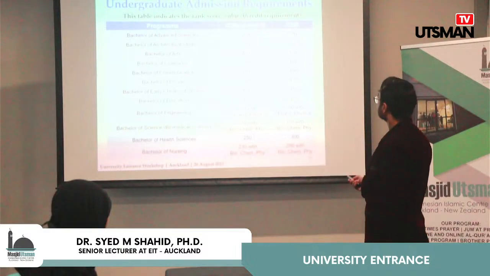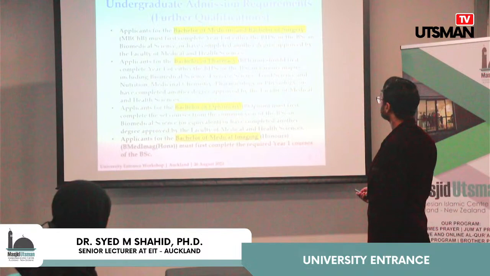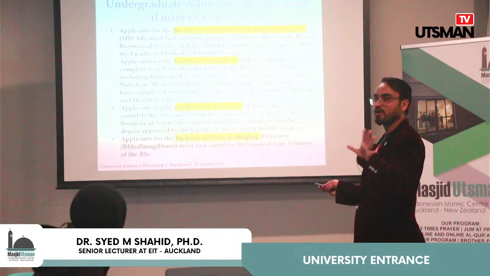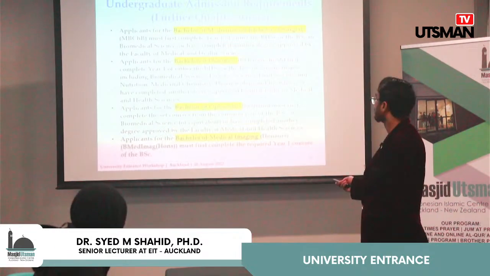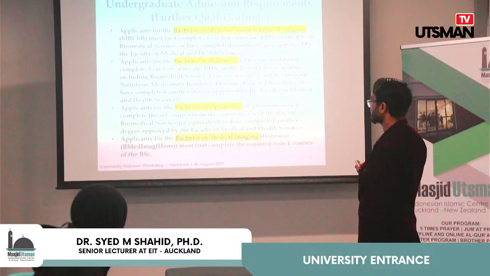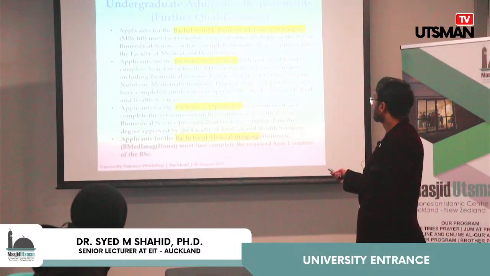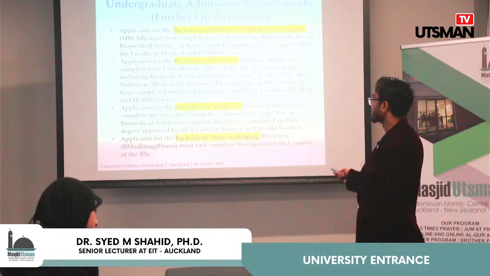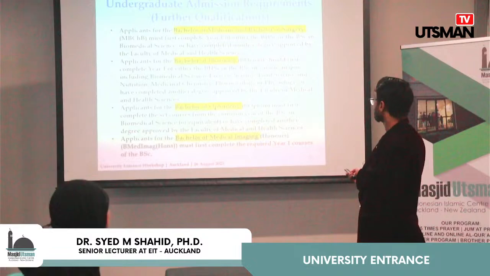So this is the current criteria from the University of Auckland, and there is some more criteria for further qualification. Some special qualifications have a point system as well as further requirements. For example, for Bachelor of Medicine and Bachelor of Surgery, a student first needs to complete 1 year in Bachelor of Health Science or Bachelor of Science in Biomedical Science. For Bachelor of Pharmacy, a student needs to complete 1 year in both these subjects.